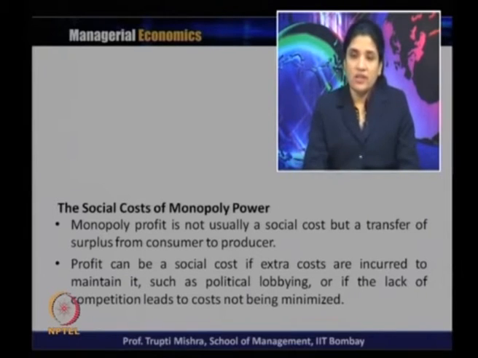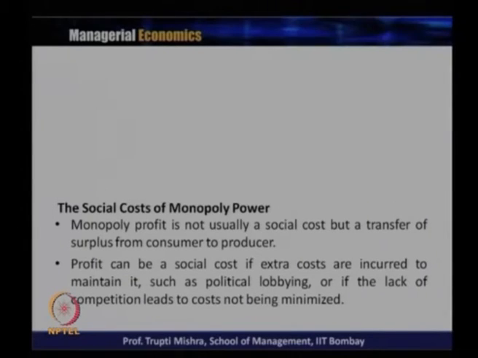So, now we will understand this graphically: what is the deadweight loss and where the inefficiency of the monopoly comes from, because if there is a deadweight loss, obviously the monopoly is not efficient, at least from the societal point of view. And the inefficiency comes basically from the deadweight loss.